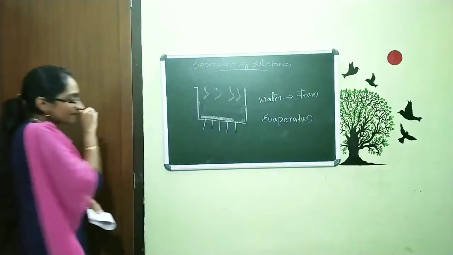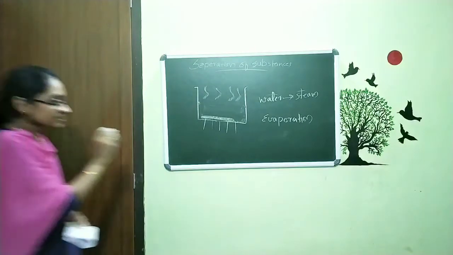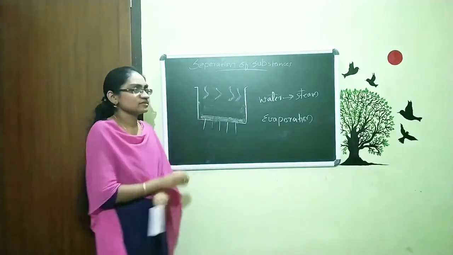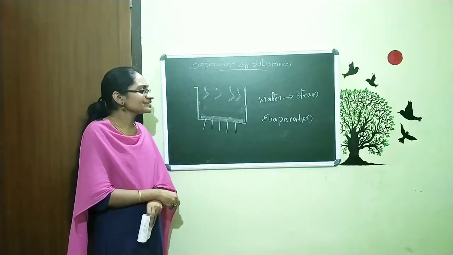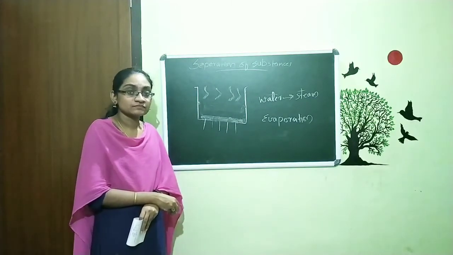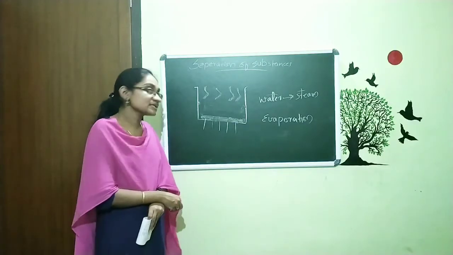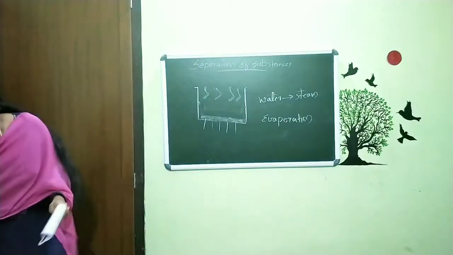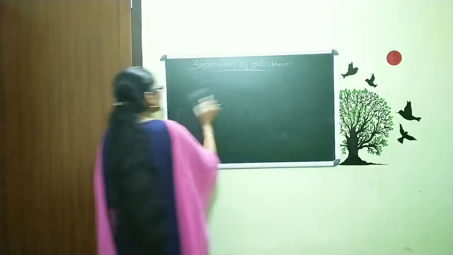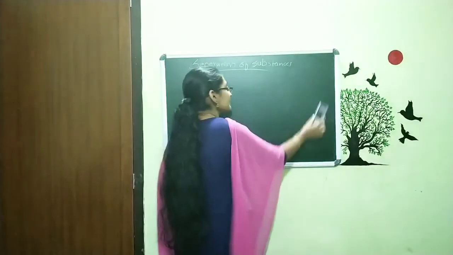Now, my question is, here we are just leaving the salt here. Now the question is, where is this salt coming from? It is coming from salt water. Now, what is the process of separating the salt from the seawater?